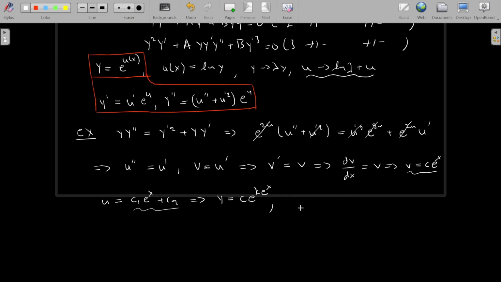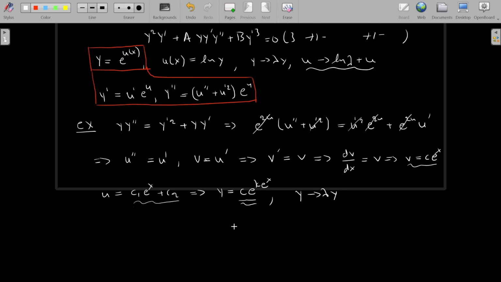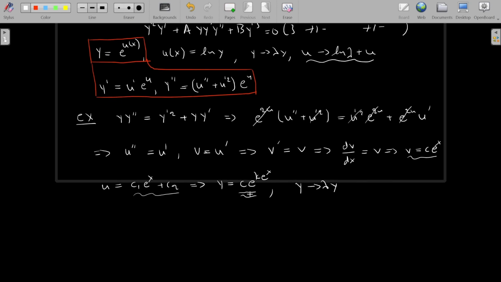And as you can see, this is indeed invariant under the transformation we began with, meaning that if you send this to a constant times this, it is going to change about the constant, which is the same solution when we're talking about linear. It's a linearly dependent solution, so it is considered the same solution, right?